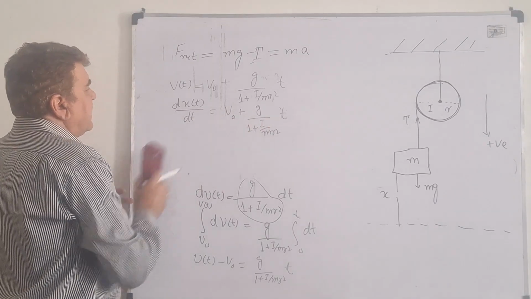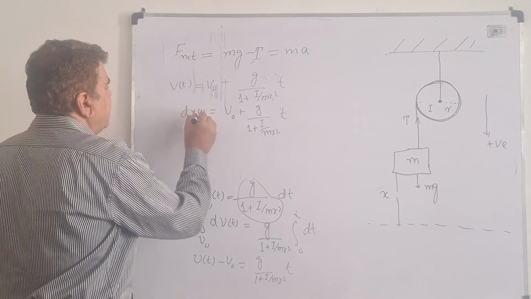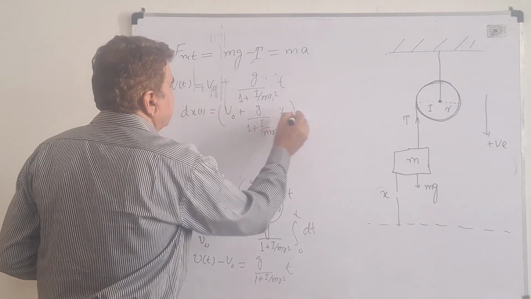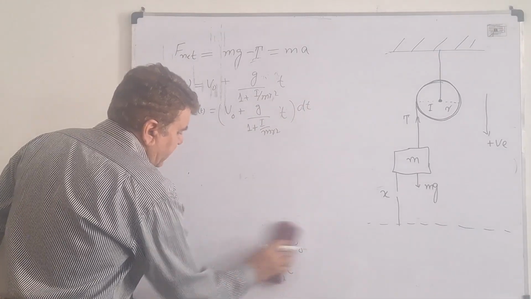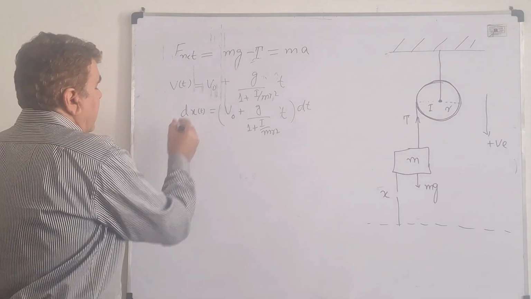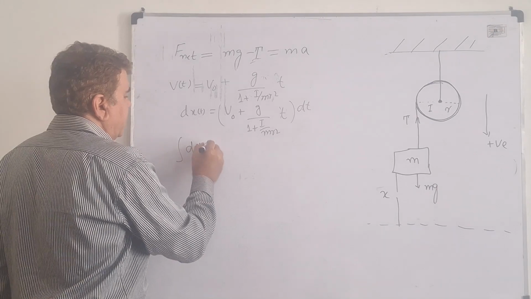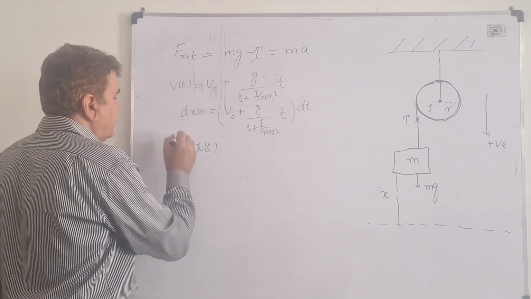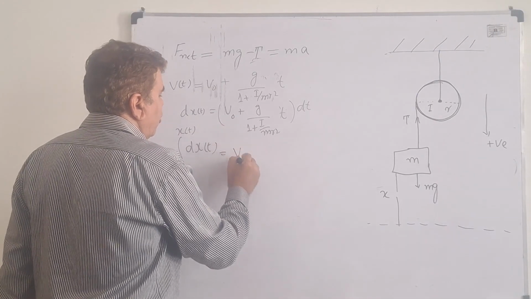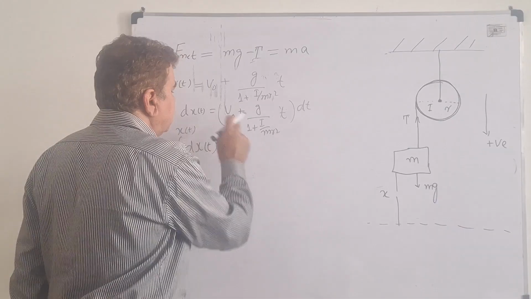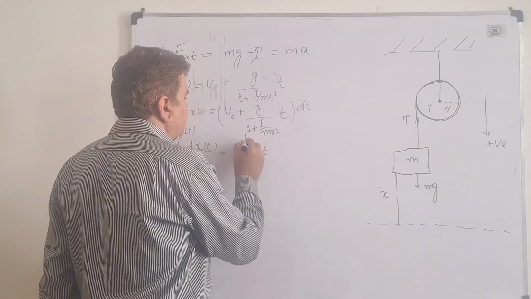And taking dt to that side of the equation, I can write this as dx of t equals this multiplied with dt. And then again, integration between the initial and final positions, I can write this as integral of dx of t from x naught to x of t equals, since v naught is the initial velocity, I take that out of the integral and write this as integral of dt from 0 to t.